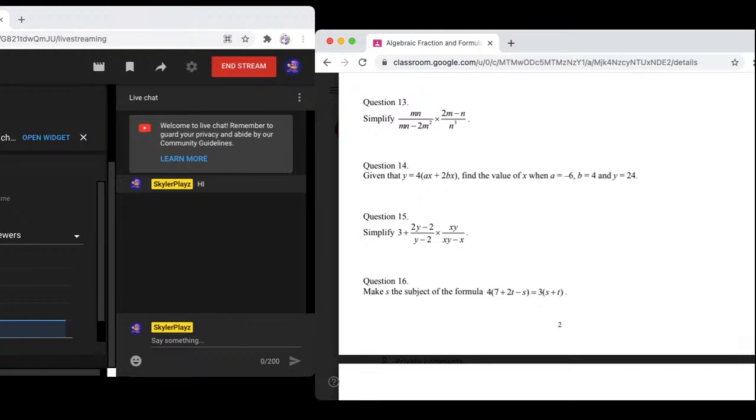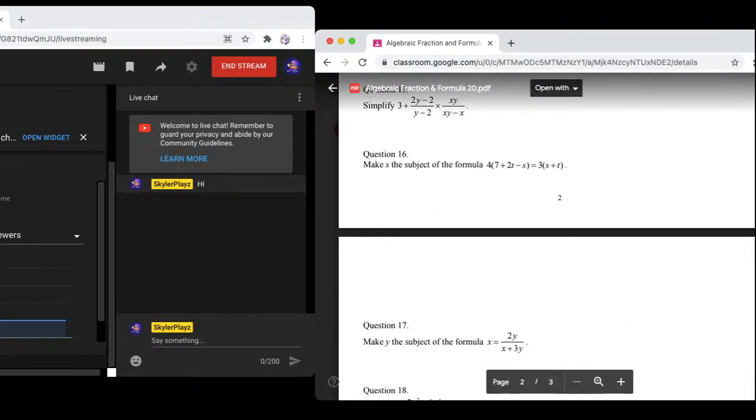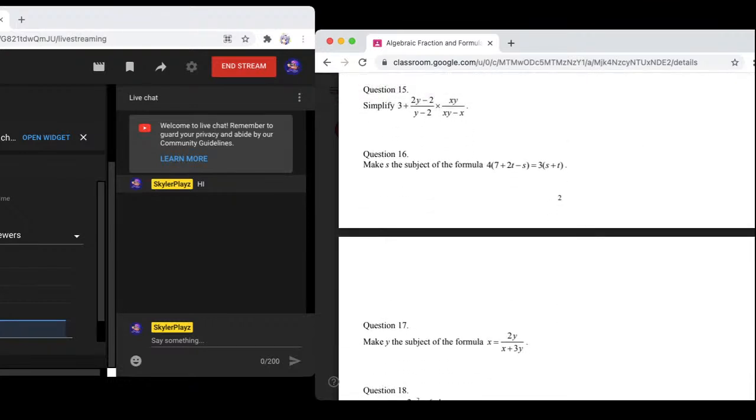Number 16. Make s the subject of formula. Again, subject of formula. Then we first expand the polynomials because it's in the factorized form. We first copy down the question. And then 28 plus 14t minus 4s is equal to 3s plus 3t.